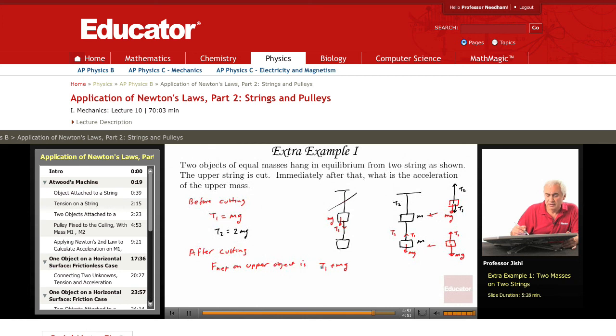But T1 is mg, so it's equal to 2 mg. So what is the acceleration? F net divided by m is equal to 2g. So it's 19.6 meters per second squared. So immediately after you cut the string, the upper object moves down with twice the acceleration due to gravity. It moves down with acceleration 2g.